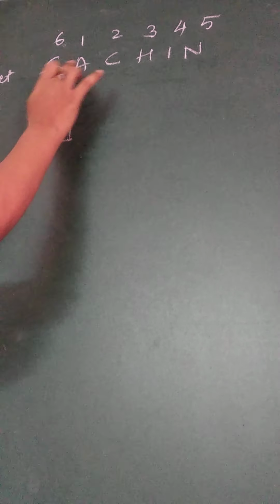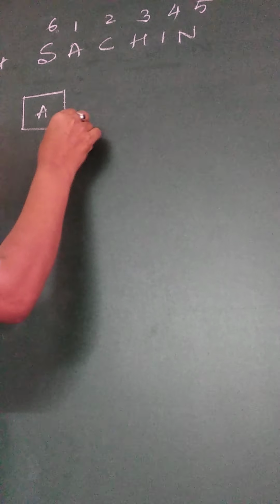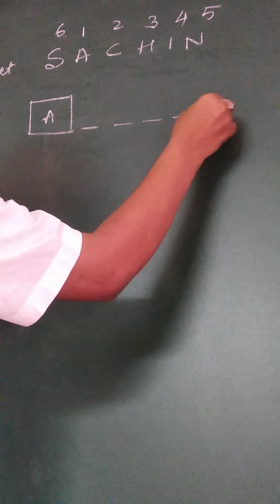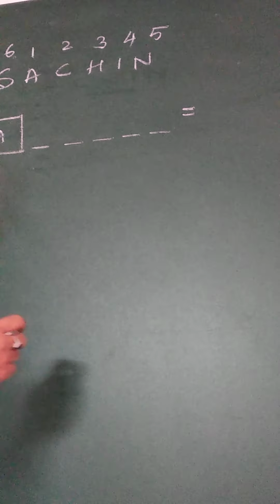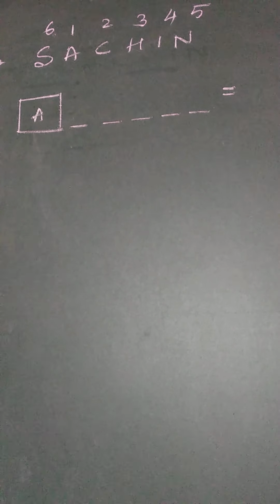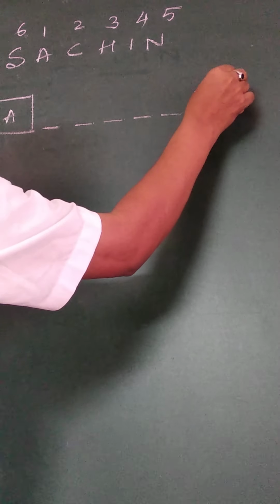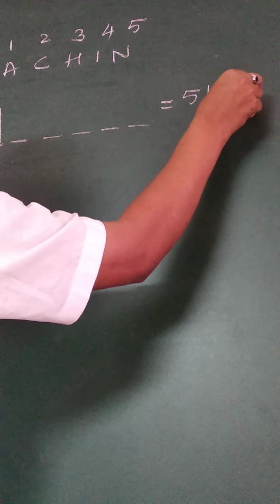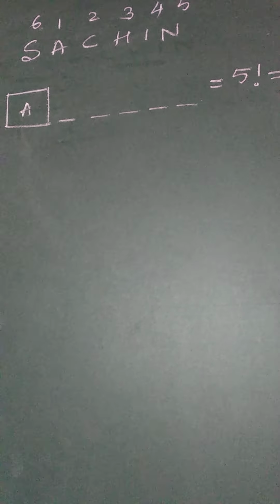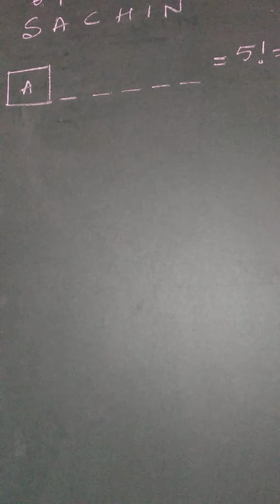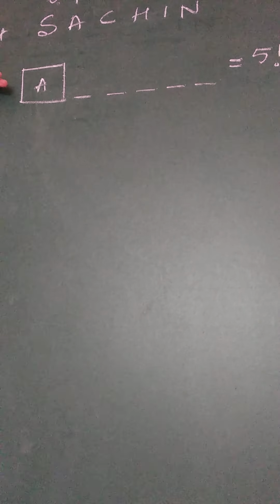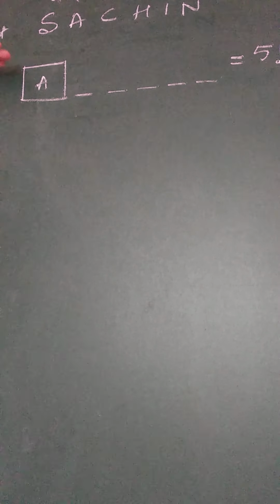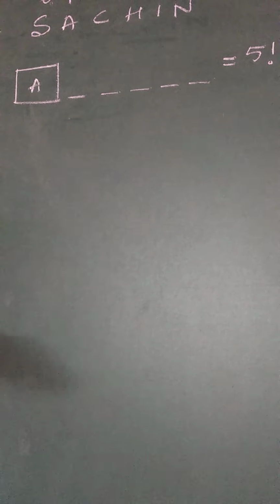Leaving this A, there are 5 more letters left, and these 5 letters can be filled in 5 factorial ways, which equals 120 different words. There are 120 different words beginning with A, but I am hunting for the word Sachin, and it cannot be in the list of word number 1 to 120.